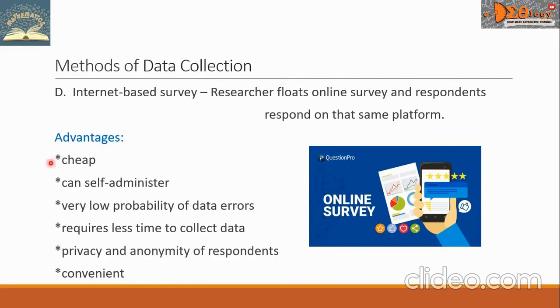Number 1, cheap, can self-administer, very low probability of data errors, requires less time to collect data, and privacy and anonymity of respondents is secured. This is also convenient to both researcher and respondent.